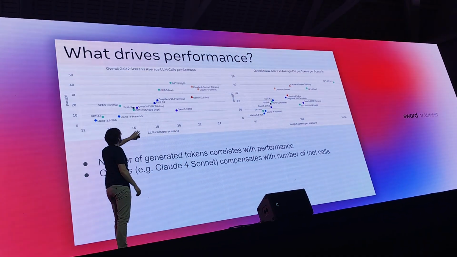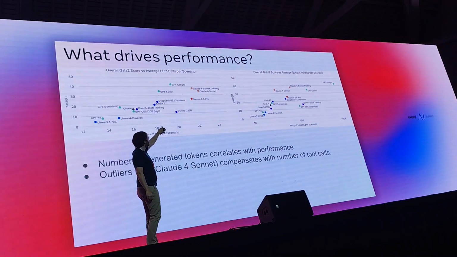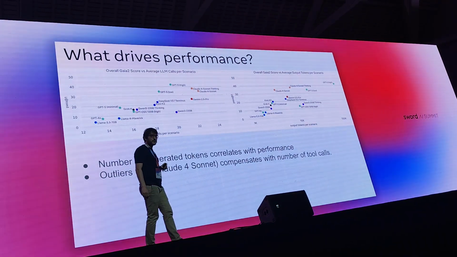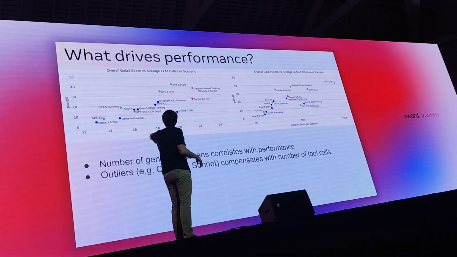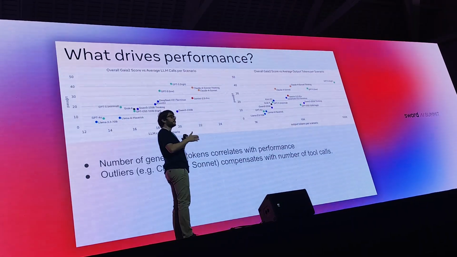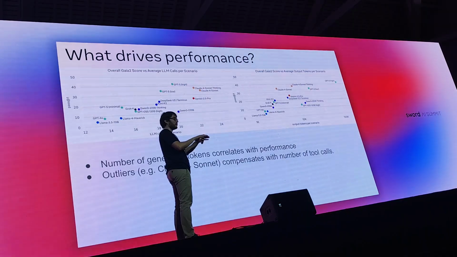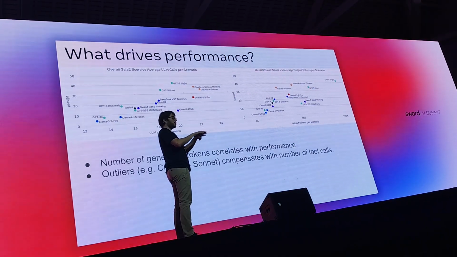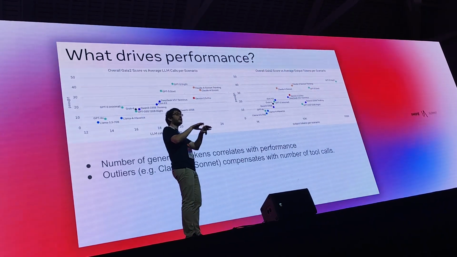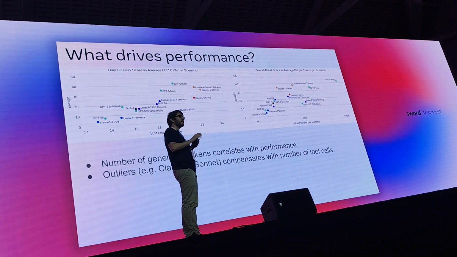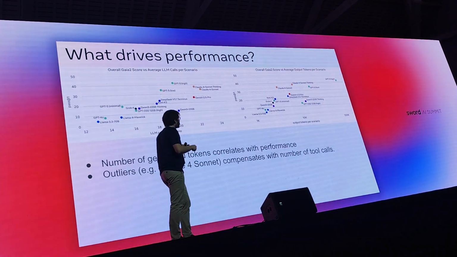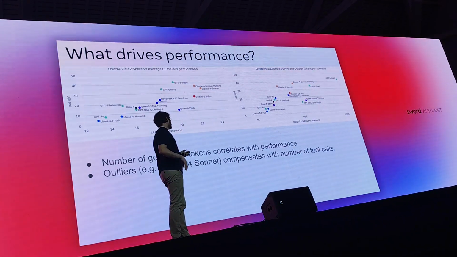And we see also, if you look at this other plot, that this model compensated by doing many tool calls. Since the right actions are kind of blocked by verification, this model is just doing a lot of read actions to compensate for the thinking and be able to perform the right action.